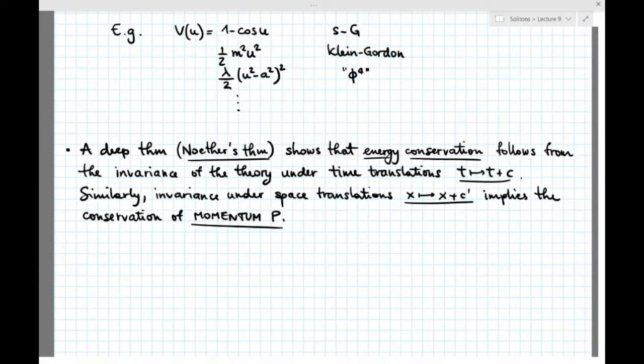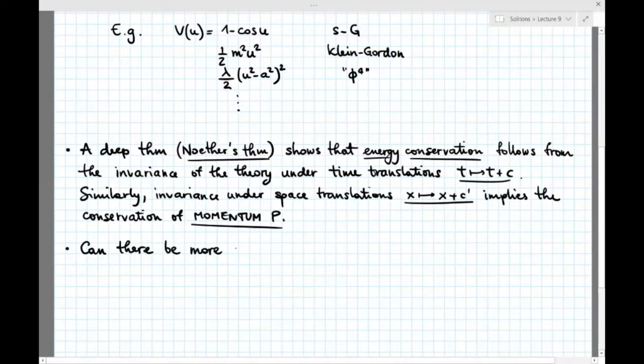But the question that we would like to answer is whether there can be more conservation laws in addition to the conservation of energy and momentum for a relativistic field theory.